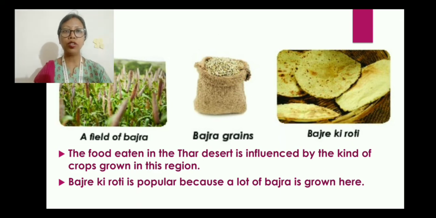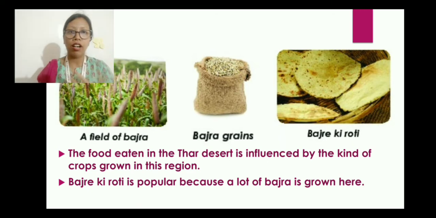So when you go to different states, the food depends on their crops. Suppose in Assam, we have the staple food, rice, because rice is grown here, as the climatic condition is suitable for rice and tea. But if you go to Rajasthan, there is no rainfall. If you compare it to Assam, we receive a lot of rainfall.